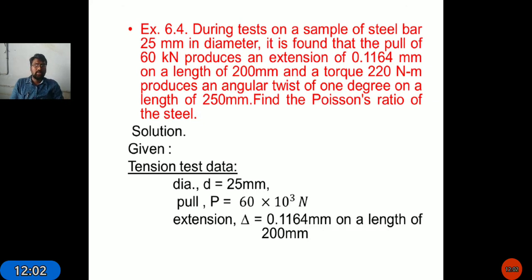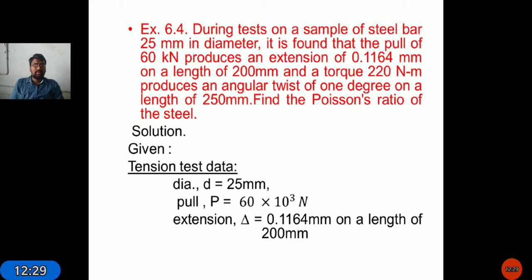Okay, next, coming to the next problem. During a test on a sample of steel bar 25 mm in diameter, it is found that a pull of 60 kilonewton produces an extension of 0.1164 millimeters on a length of 200 mm.